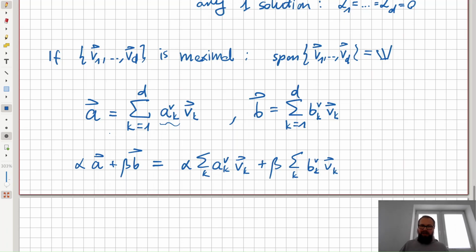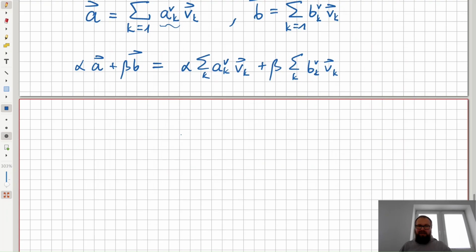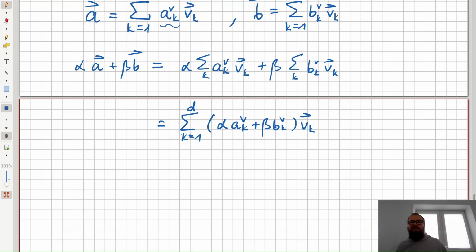And this I can simply collect, the terms proportional to the basis vectors. And I get, for k from 1 to d, the dimension, just alpha A_k^V plus beta B_k^V times V_k. Easy, right? You just do simple arithmetic on the coordinates once you choose the basis.